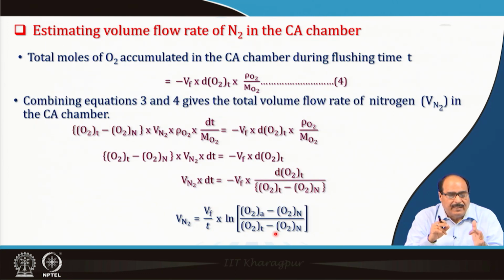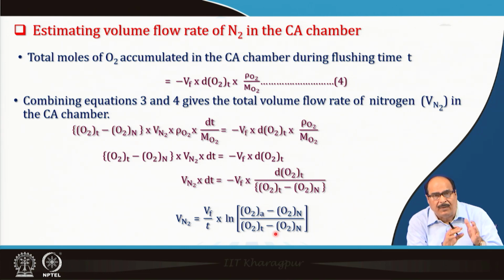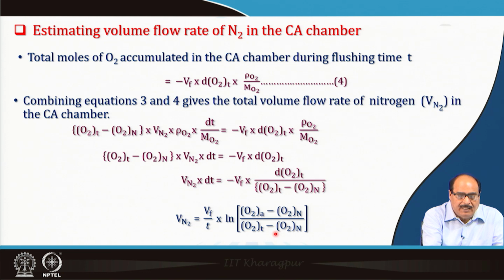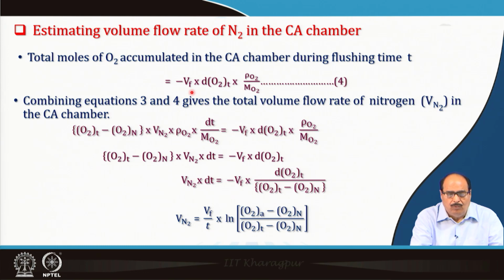Also, we can estimate the volume flow rate of nitrogen in the CA chamber, and for this the total moles of O2 accumulated in the CA chamber during the flushing time T is calculated by minus Vf multiplied by dO2 T into rho O2 by MO2. So, that is equation 4.